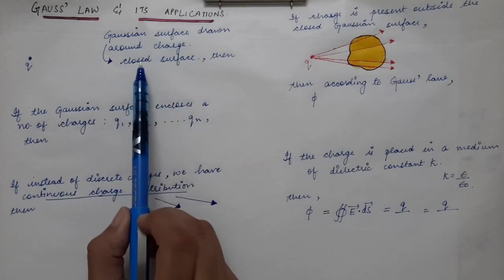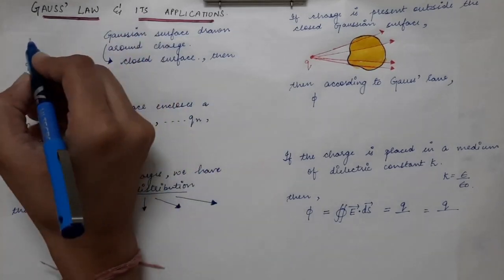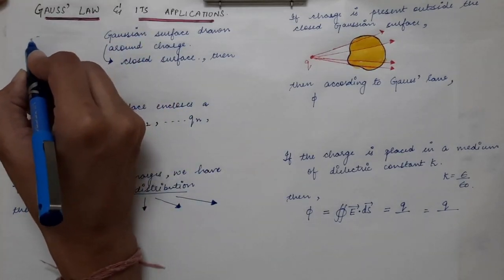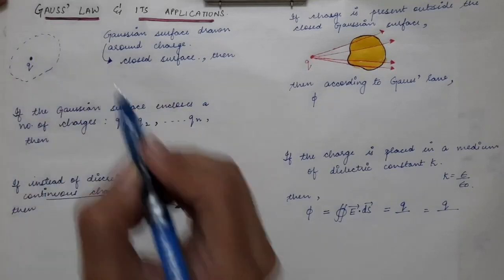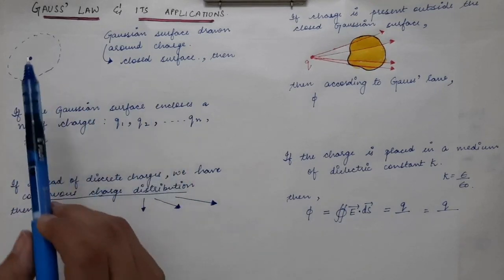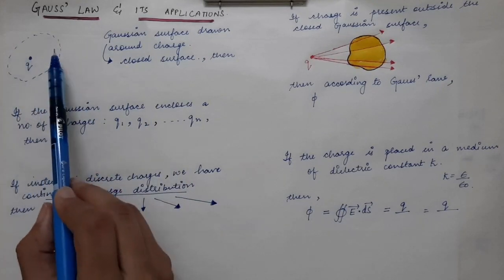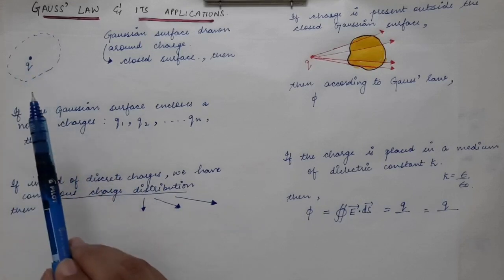Around this charge q, you can draw a Gaussian surface of any shape. This is any random shape which we have drawn, and this closed surface encloses the charge q.